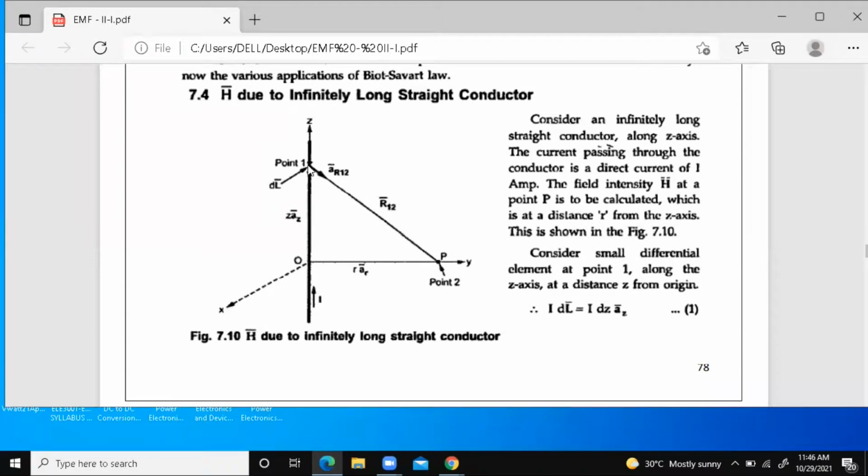This is your point, and you want to measure your field intensity at this point. So in terms of vector, you have to come this way, from point 1 to your point P. So you have to come minus Z in the aZ and R in the aR.